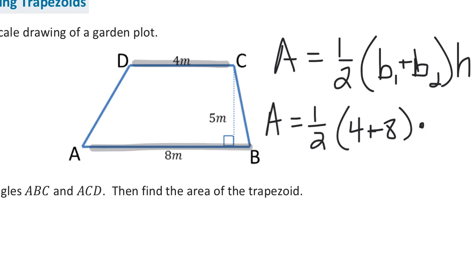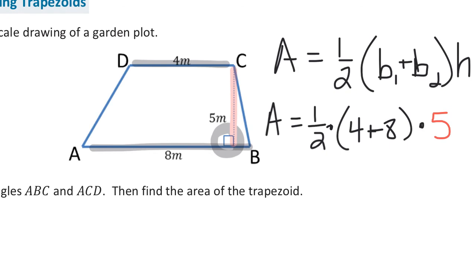Remember, height has to form that right angle. So there's my right angle. So here is my height. So my height is 5, so times 5. Okay, now we're going to solve what's in parentheses first. But if you want, you can plug it straight into your calculator. 1/2 times, put your parenthesis button in, 4 plus 8 parenthesis times 5.